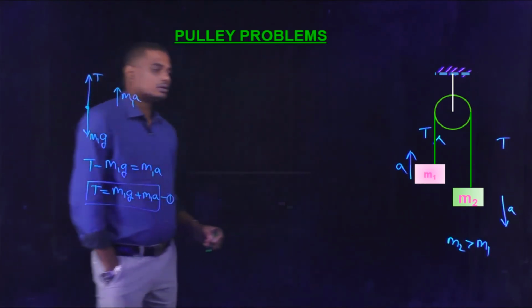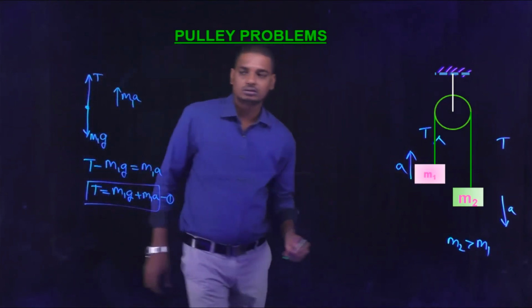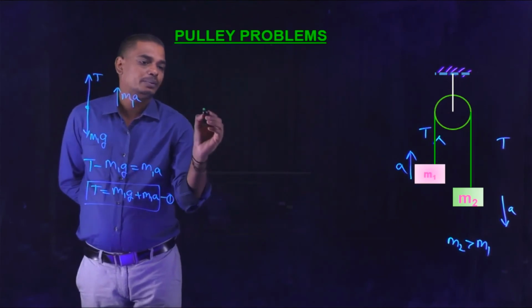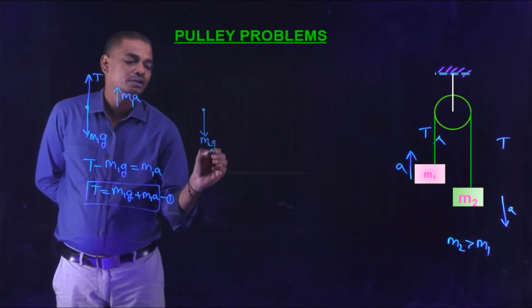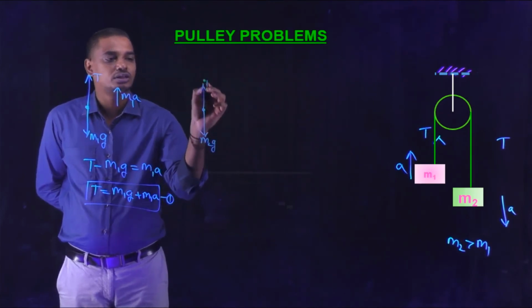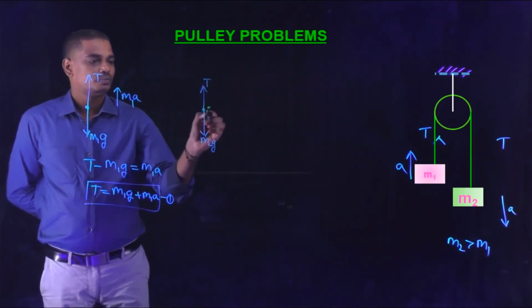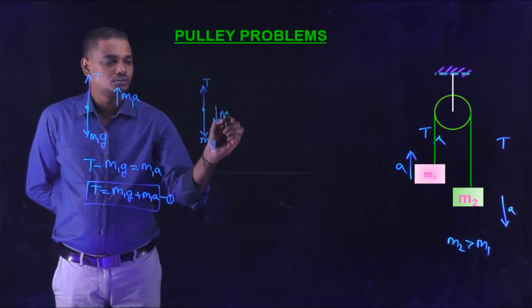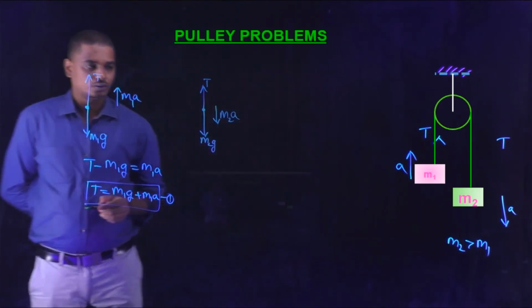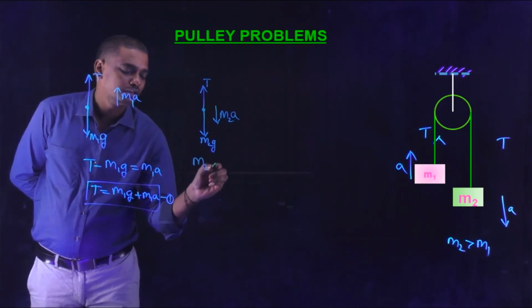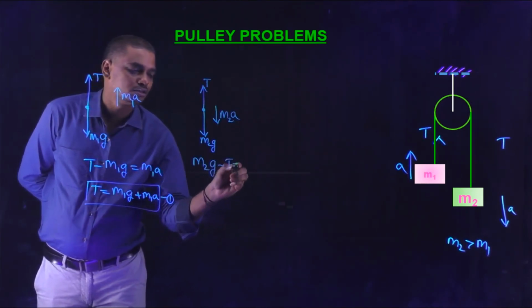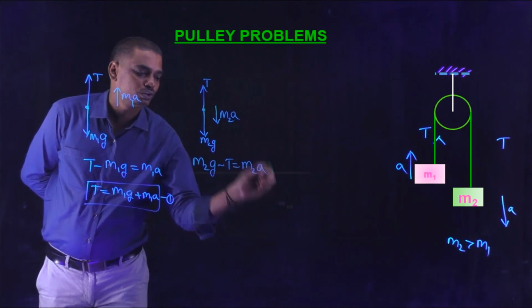Okay. Now consider the second block. The free body diagram will be the weight of the block M2G vertically downwards and the tension in the string T up, and as the block is coming down, the net force acting on it will be in this direction, M2A. So the expression will be M2G minus T is equal to M2A.